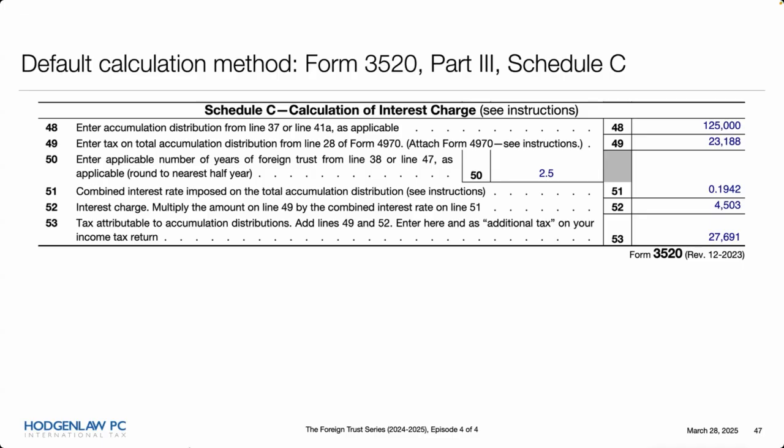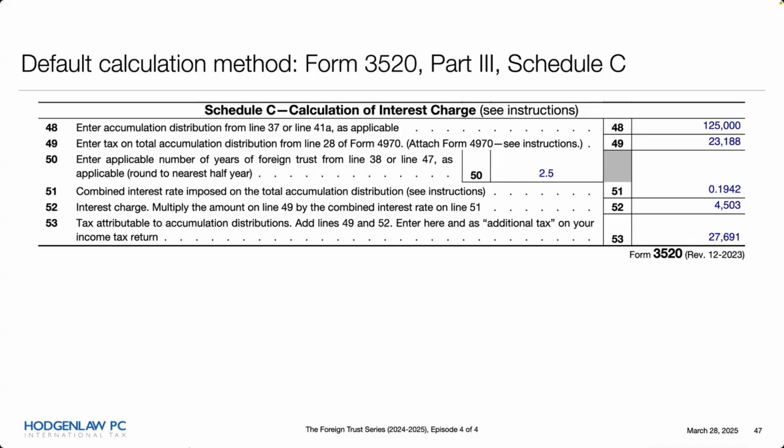Line 51, now your interest rate. What's the interest rate? Well, the IRS has some handy-dandy little tables, and I'll show that to you on the next slide, where you take that number on line 50, your 2.5 accumulation period number, and find it in the table, and it'll give you an interest factor that you use to calculate the interest charge.